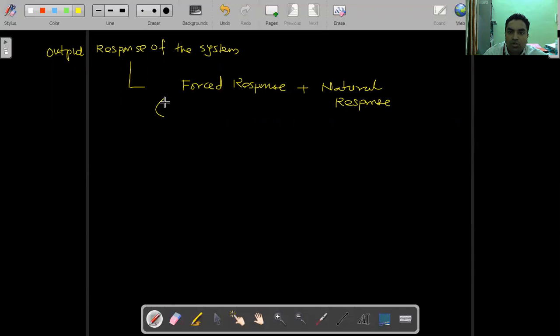Forced response is also called steady state response, and natural response is called transient response.